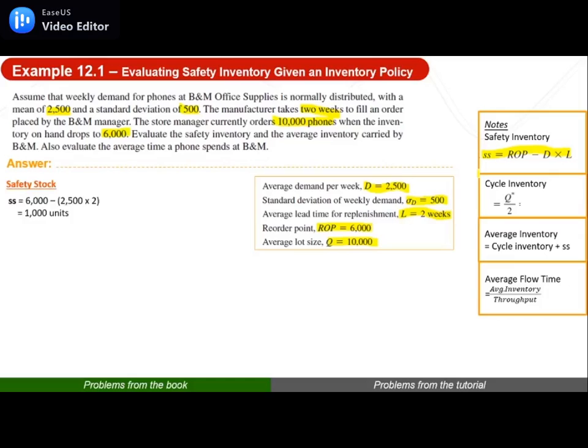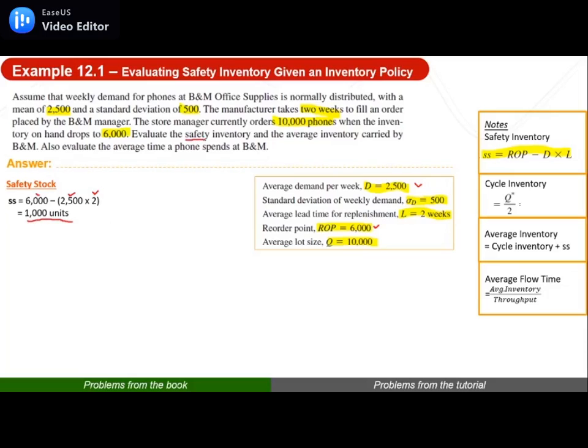To compute this, we just put the numbers into the formula. SS equals ROP, 6,000, minus the demand, 2,500, times the lead time, 2 weeks. Then we get a safety stock of 1,000 units.